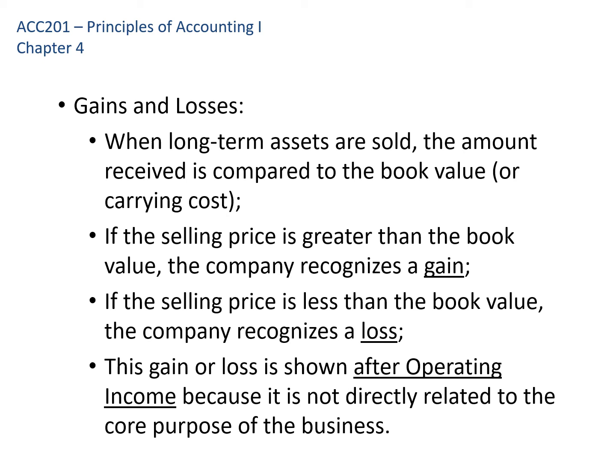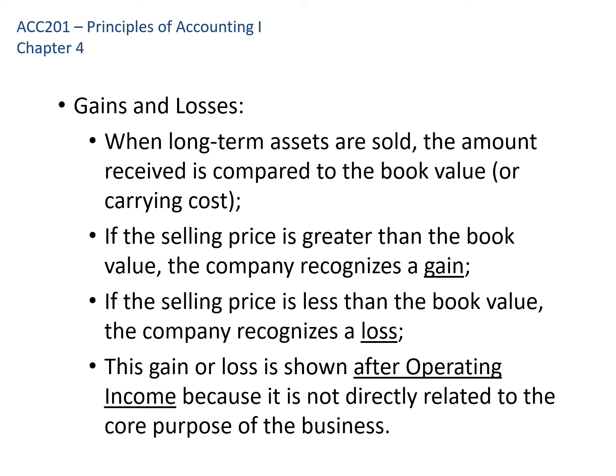But think about that gain or loss in selling an asset is really something aside from our normal purpose of being in business. Say we operate a restaurant. So the main purpose of our business is to prepare food and sell it to people, right? So if we decide to sell an extra freezer that we have that we're not using, and we make a gain on that, that really doesn't have anything to do with making food and selling it to people.